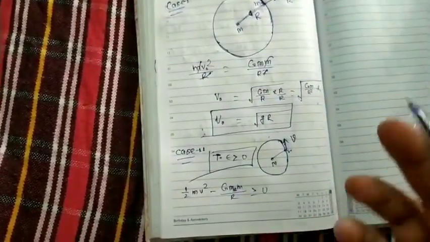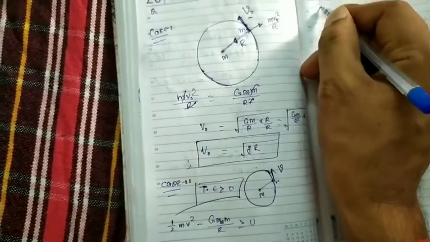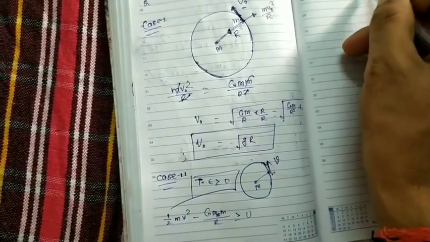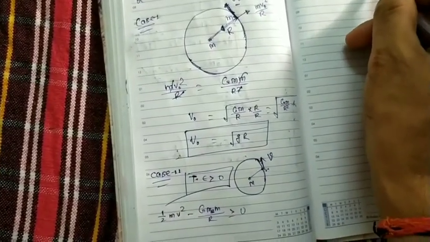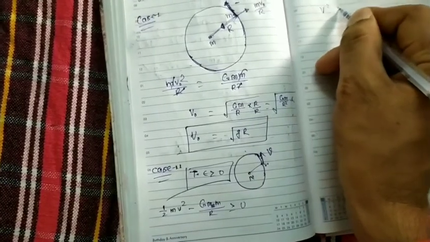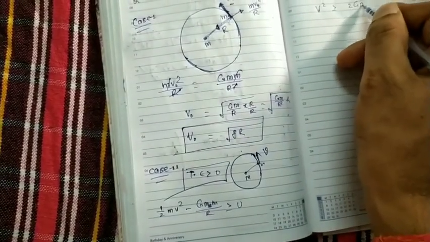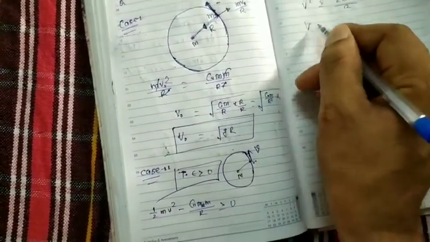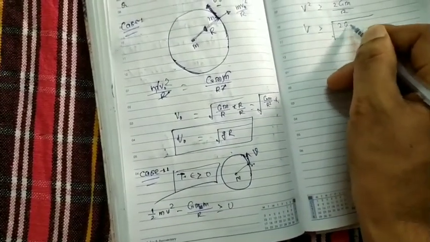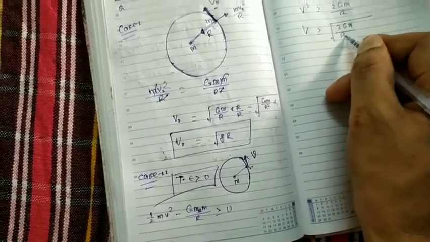From here this term goes to this side, so this becomes half mv square greater than or equal to GMm by r. The m gets cancelled, so v square is greater than or equal to 2GM by r. So v is greater than or equal to under root 2GM by r. Are you getting my points?